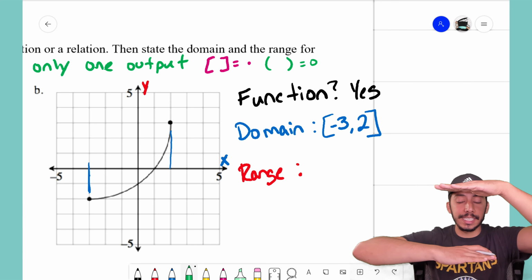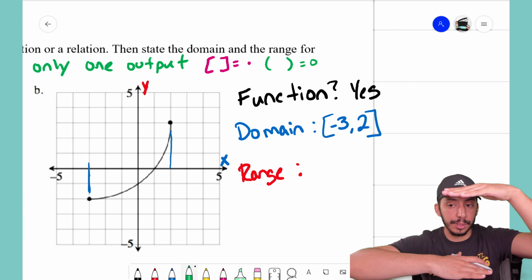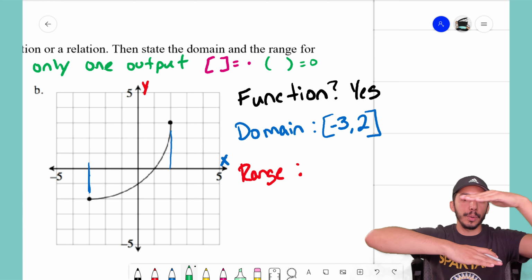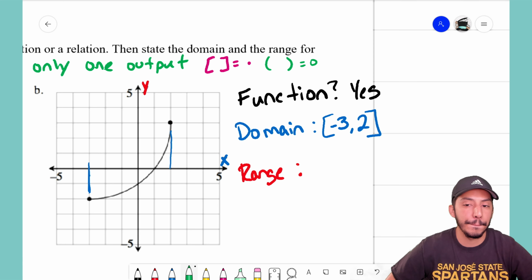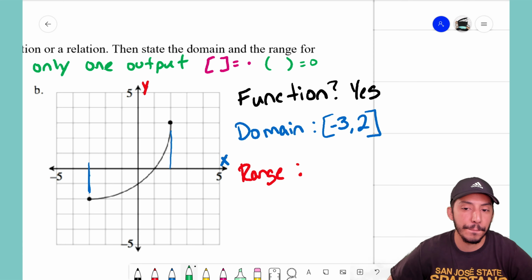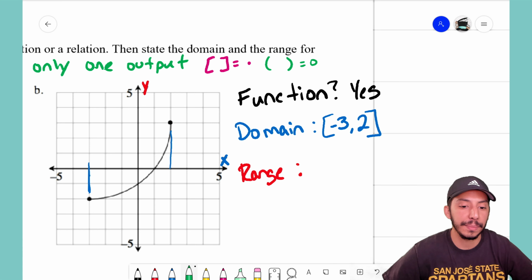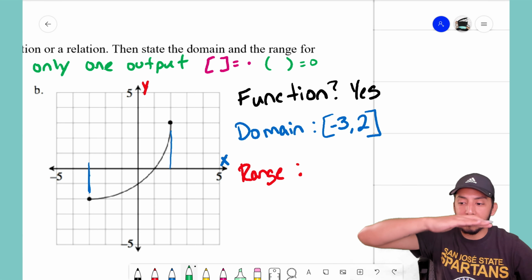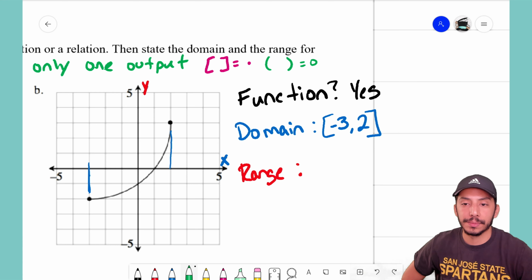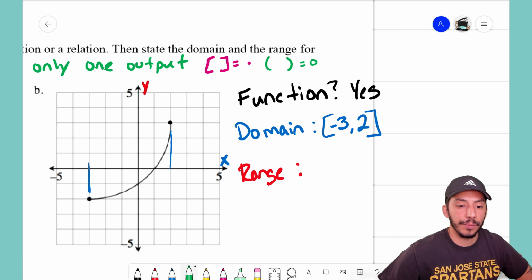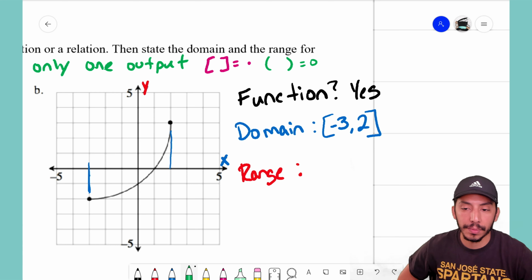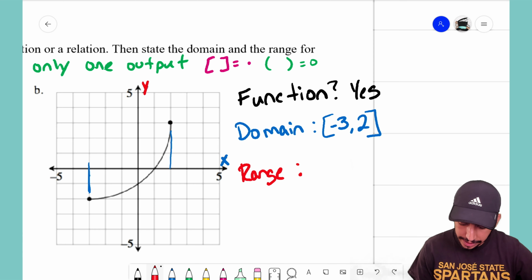How low does this graph go? That's the first thing we do. So looking at that graph, how low does it go? So Alex, be careful because you said 3, here's 3, and here's 2.